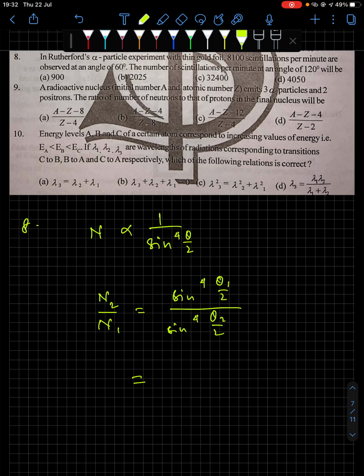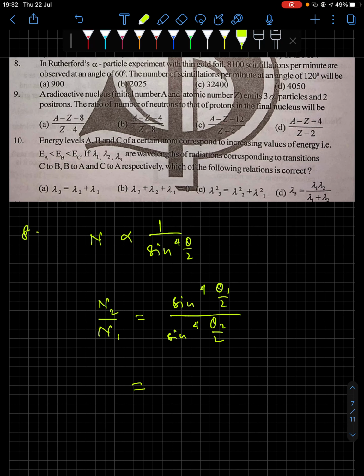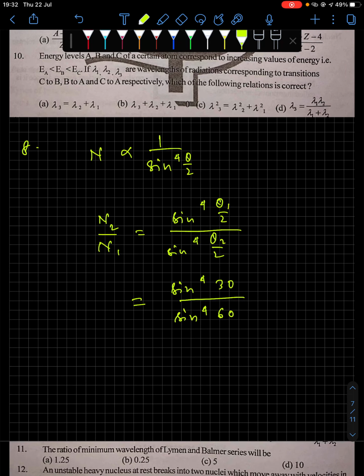So sine to the power 4 theta 1 is 60, so sine to the power 4 of 60 by 2 is 30, and sine to the power 4 of 120 by 2 is 60. So the values are sine 30, what is the value? Sine 30 is half, right?